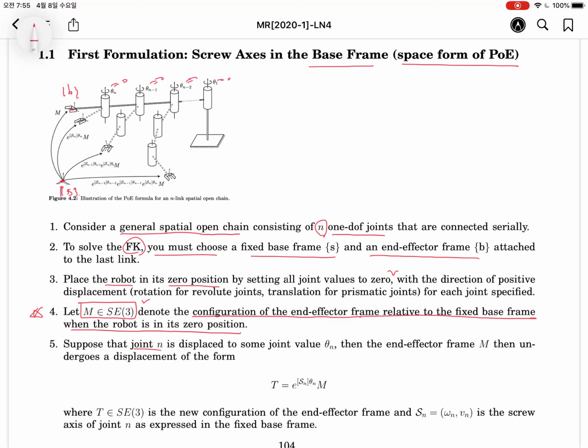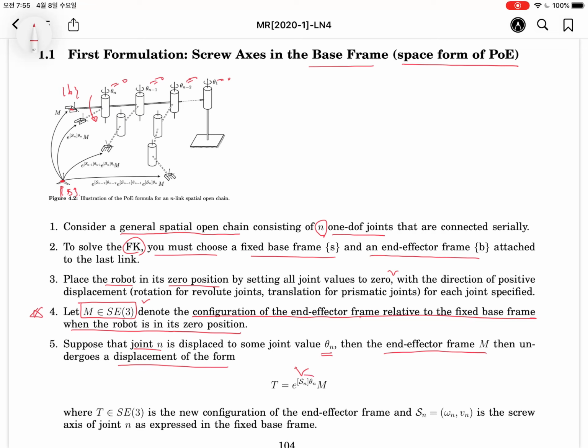Suppose that joint N is displaced to some joint angle θN. Then the end effector frame M will undergo a displacement of this form. The last link is moved like this. At that time, we can find the screw axis, and then we make the matrix exponential using the screw axis.